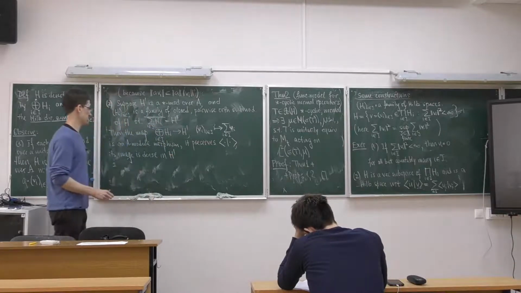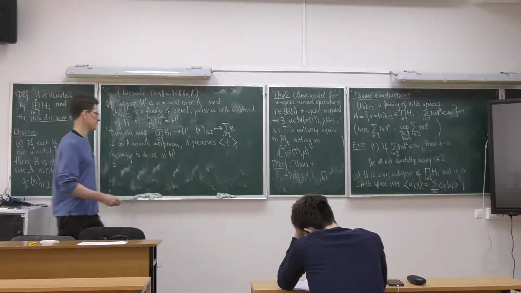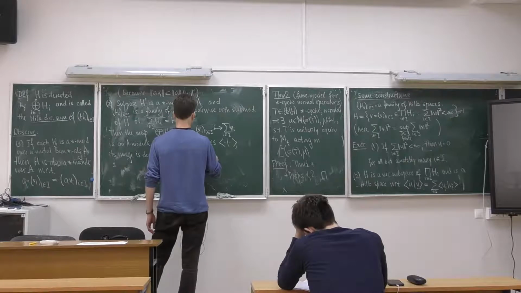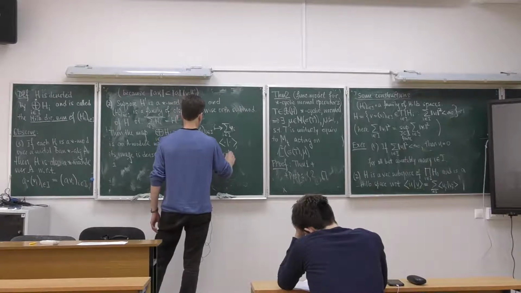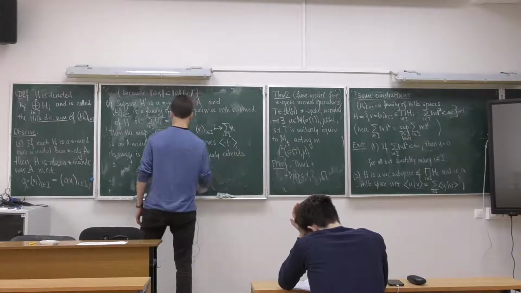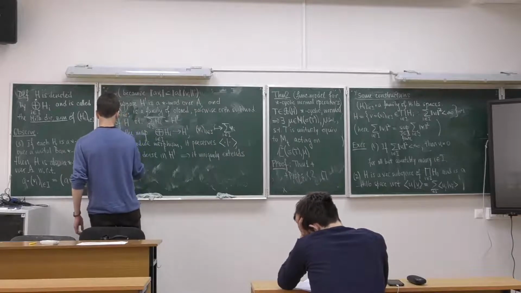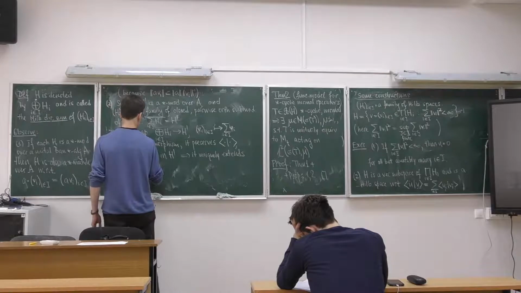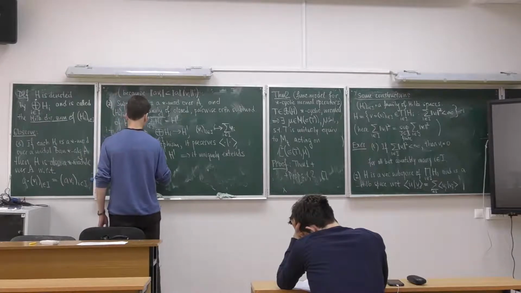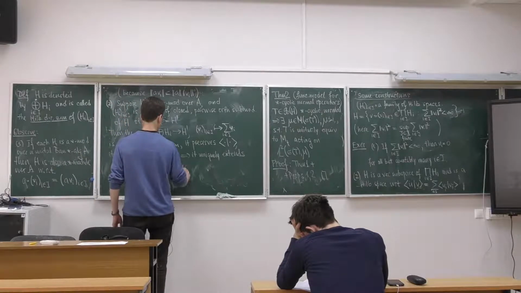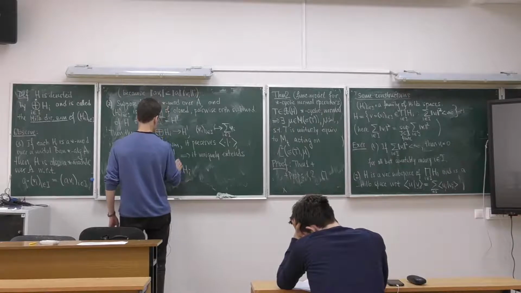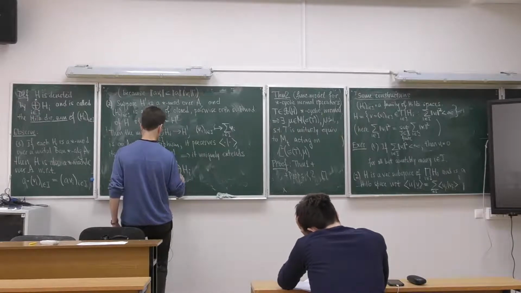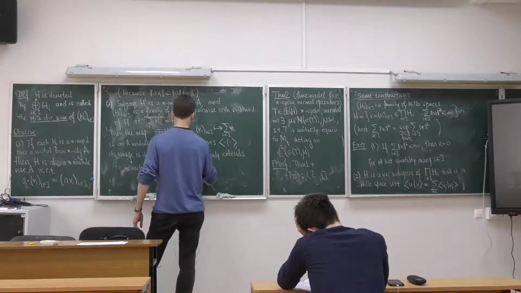And so this implies that this map uniquely extends to a unitary isomorphism between the Hilbert direct sum of our family, I put the dot over the direct sum sign, and H prime.